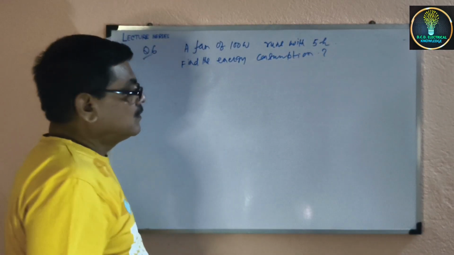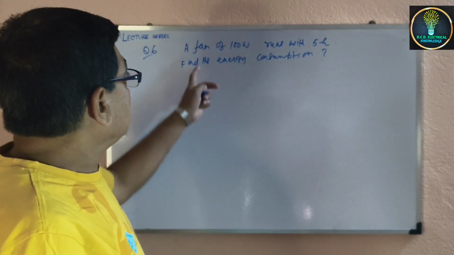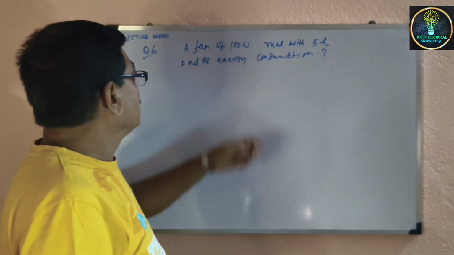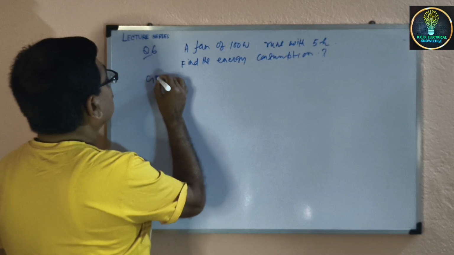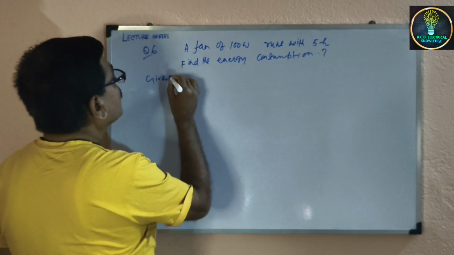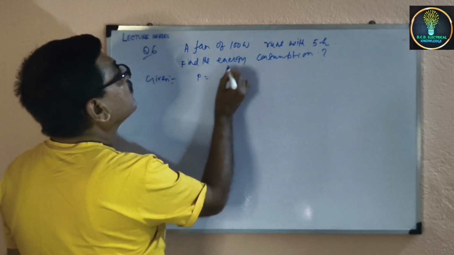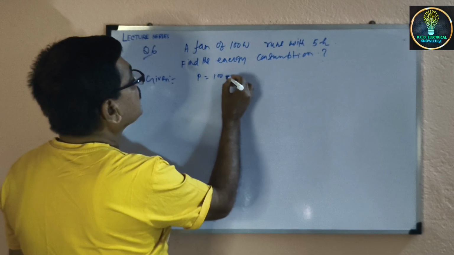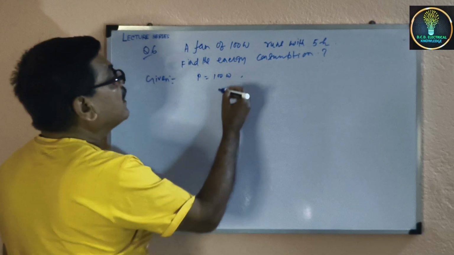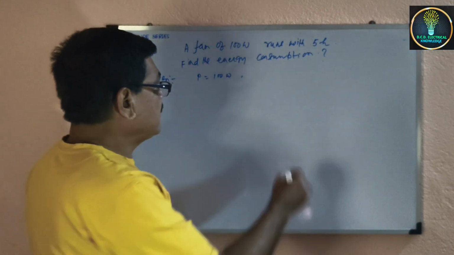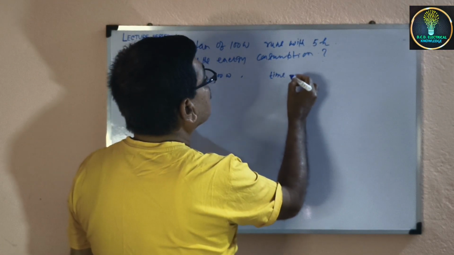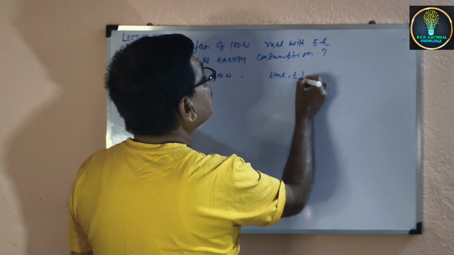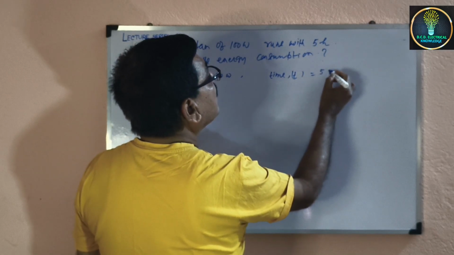Okay. What is the given data? Power of fan P is equal to 100 watt, and time t is equal to 5 hours.